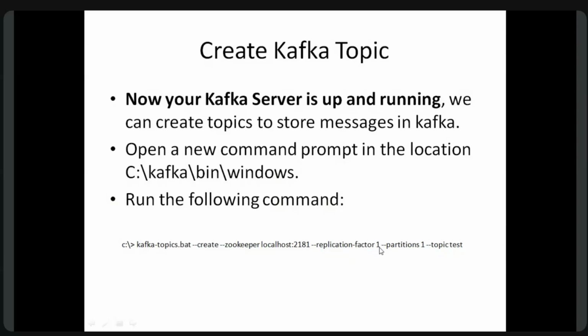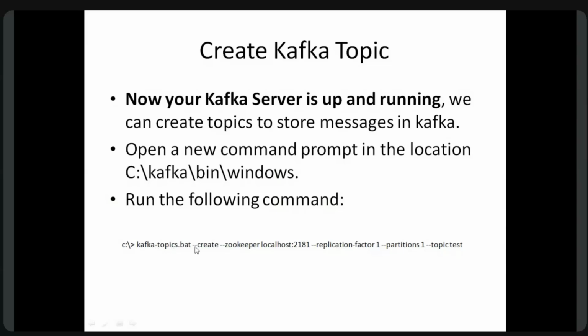So you want to keep replication factor as 1. So you have to give --replication-factor space 1. And then you want to create how many partitions, that also you have to specify. So I'm just creating 1 partition, so I'm giving 1. If you want to give 2, you can give 2 also. And then last option is --topic, and then finally topic name. So my topic name is test.